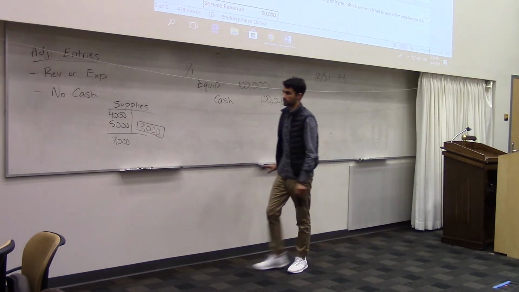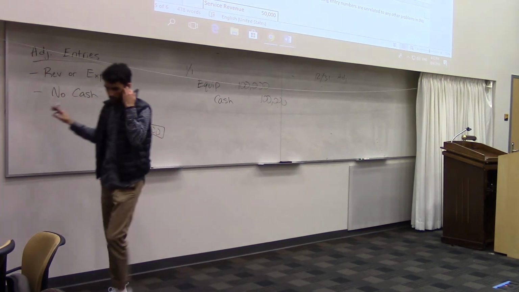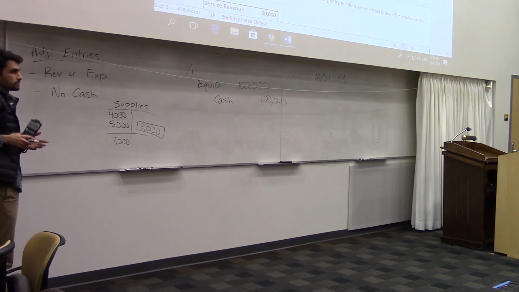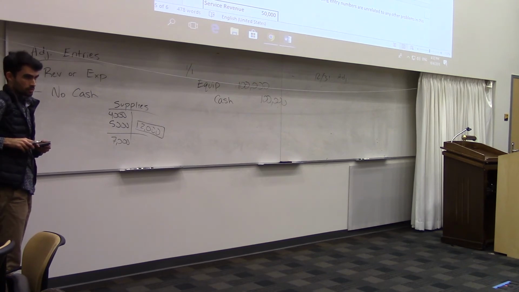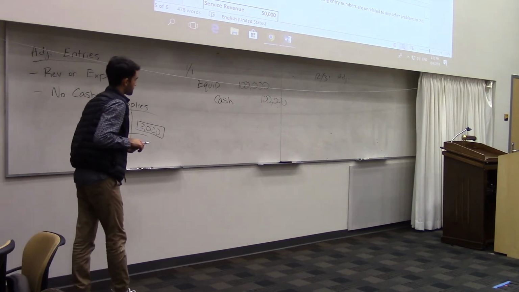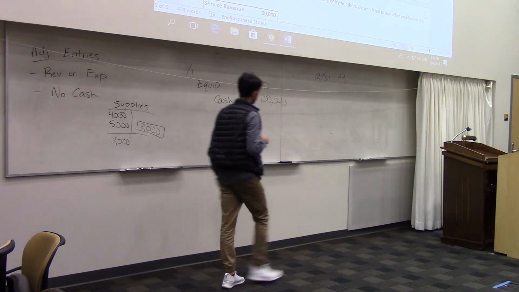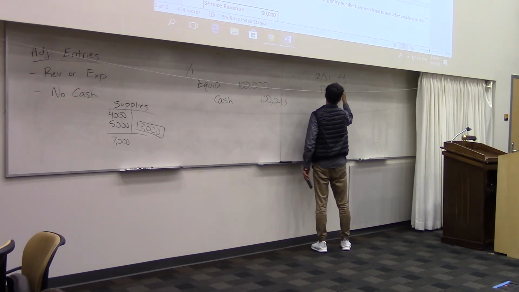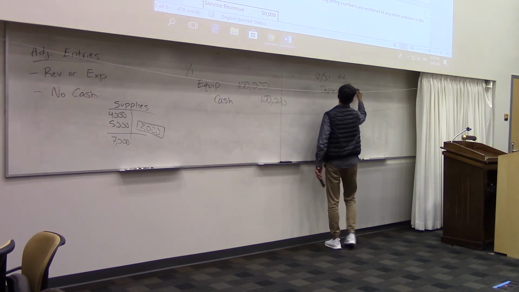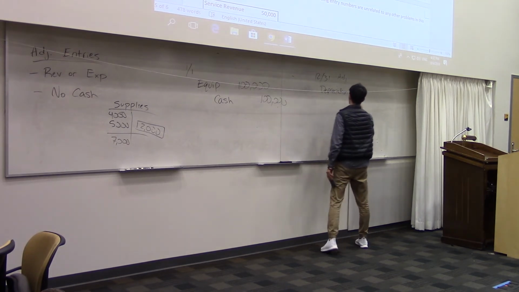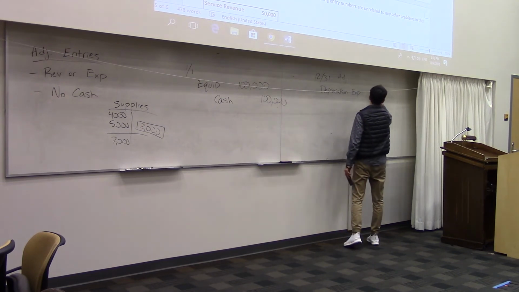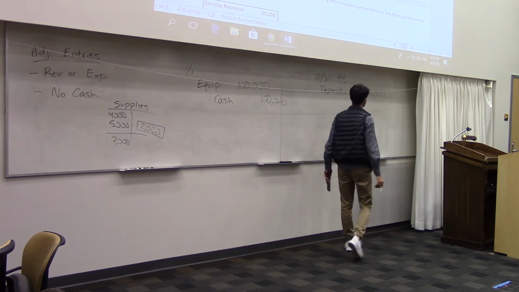And then my adjusting entry. No cash involved. Revenue or an expense? Yep. And someone said depreciation expense. For how much? Well, we're depreciating by 6,000 every year, so it's going to be 6,000.